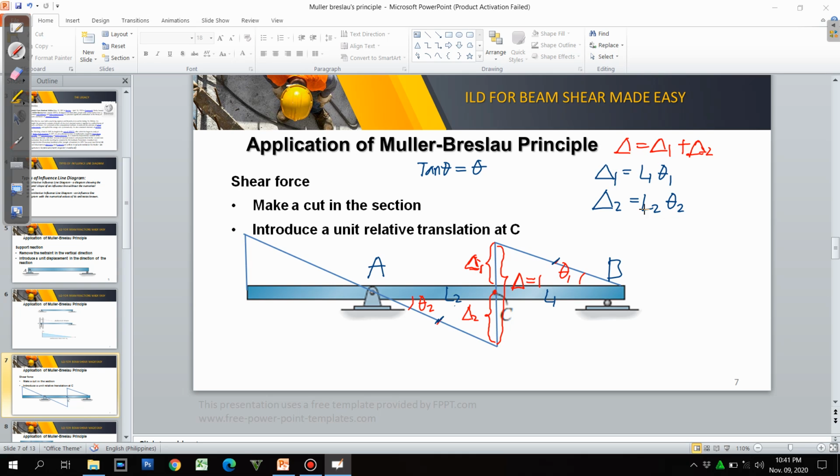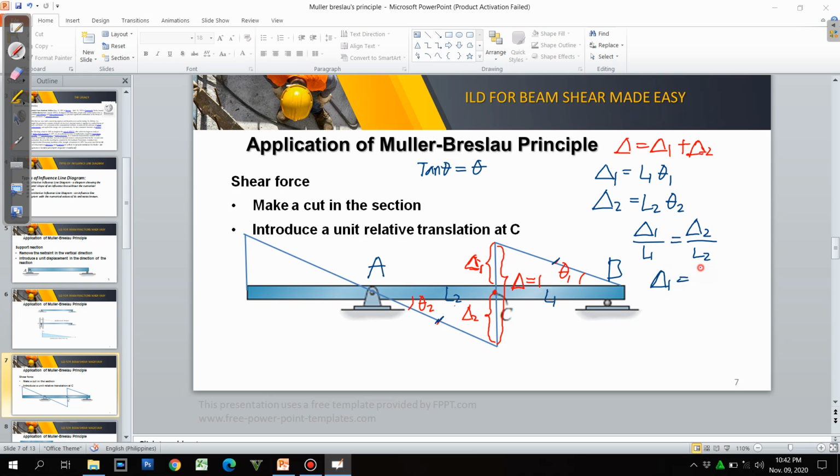So by ratio and proportion, we can see that delta 1 is to L1 and delta 2 is to L2. And then perhaps we can solve delta 1.